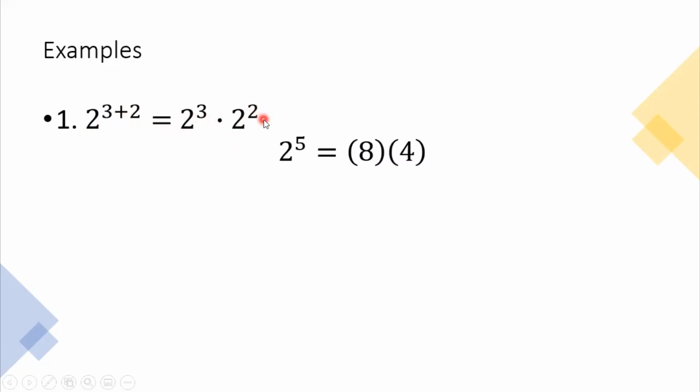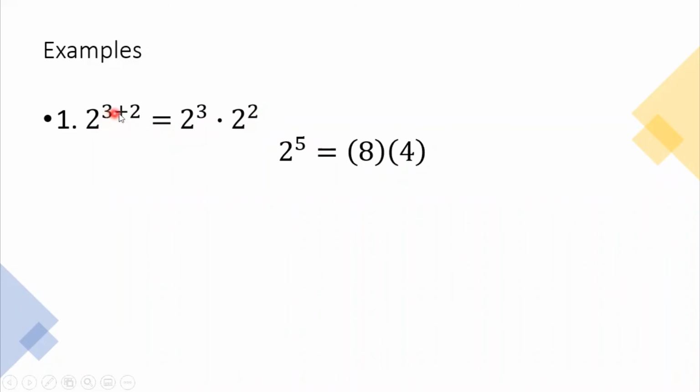We have examples as an application of the laws of exponents. For the first law, b^(x+y) = b^x times b^y. If b is 2, x is 3, and y is 2, we have 2^(3+2) = 2^3 times 2^2.